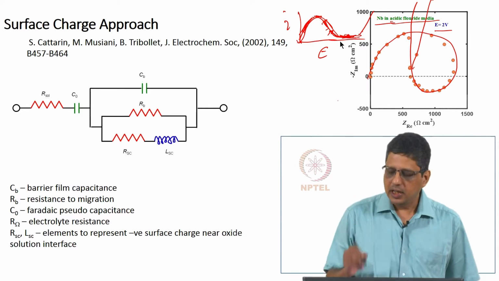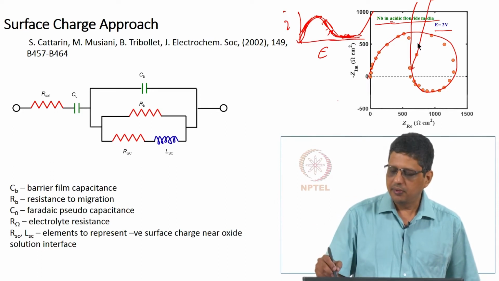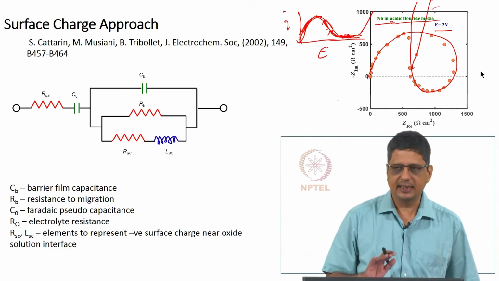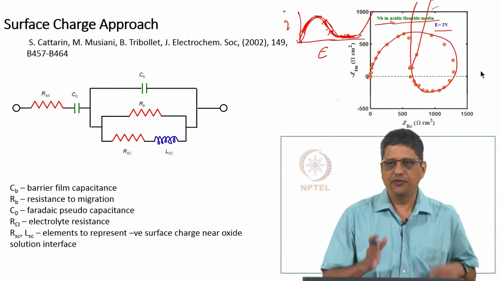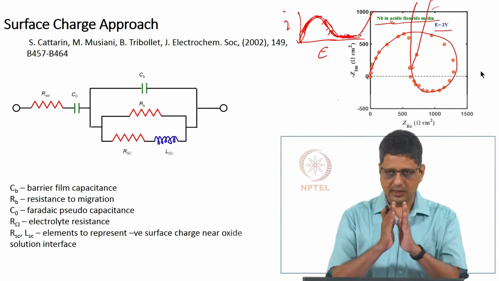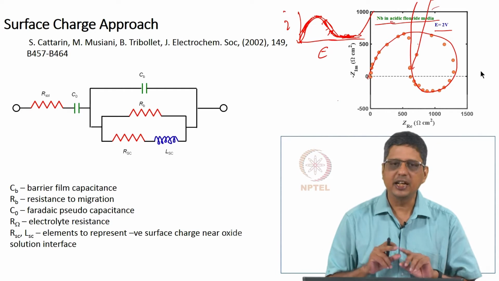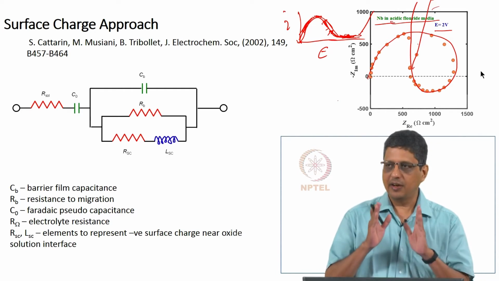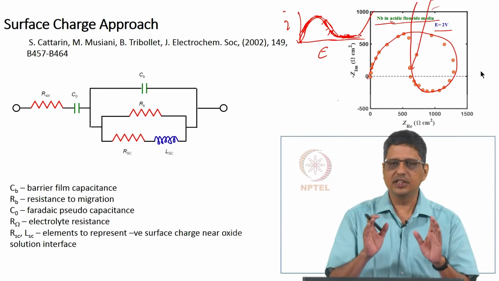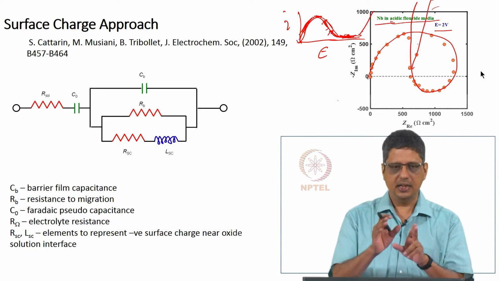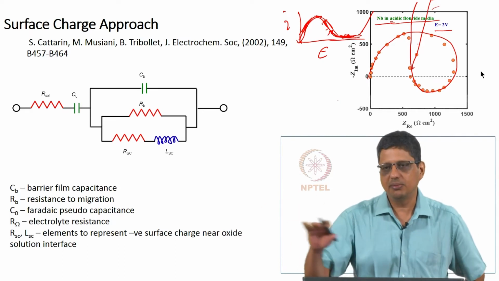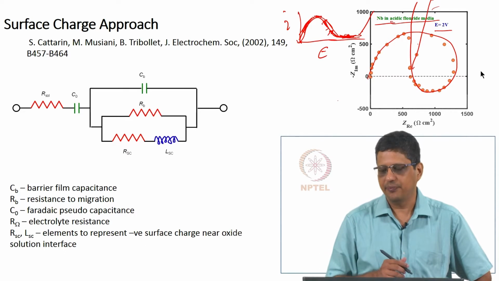That will happen when this behaves like a resistor. If you have a capacitor, regardless of how low this frequency is, the phase will always be 90 degrees. If you have a resistor or a combination which reduces to a resistor, then it will settle at the real axis, the phase will be 0, or within noise level it will be 0.